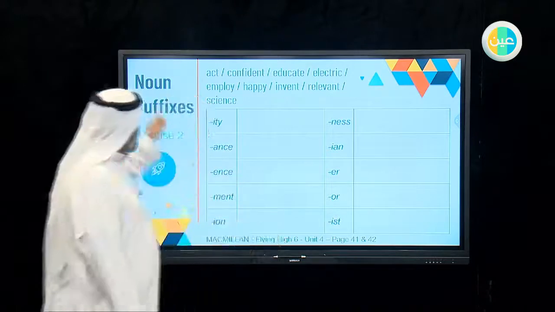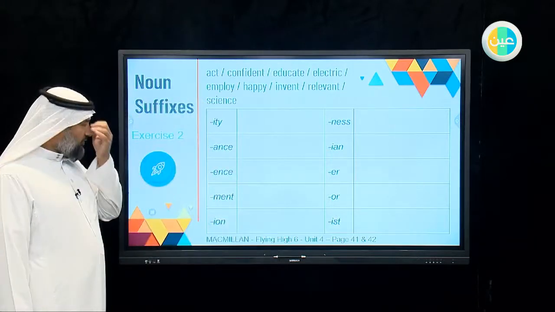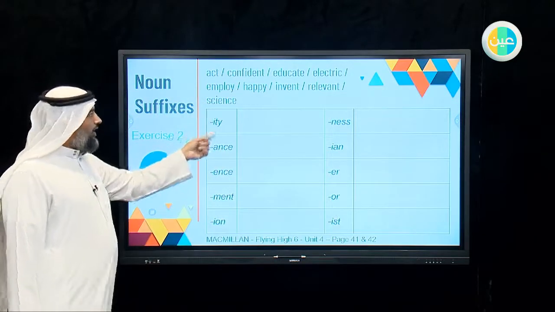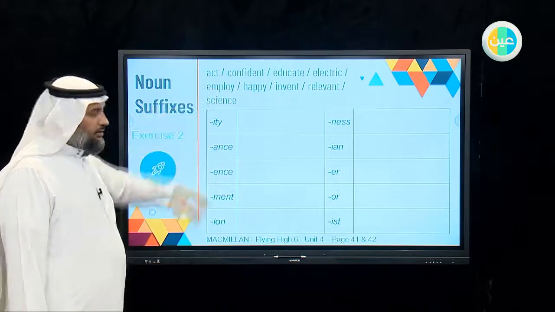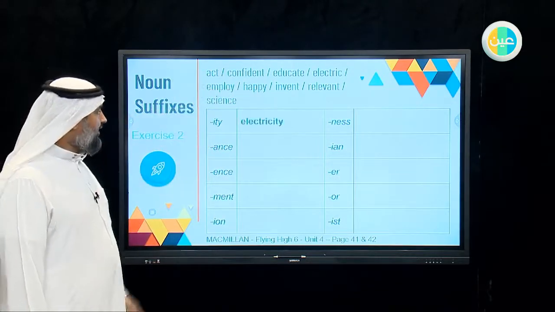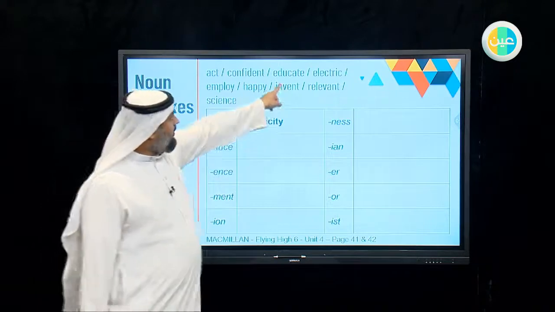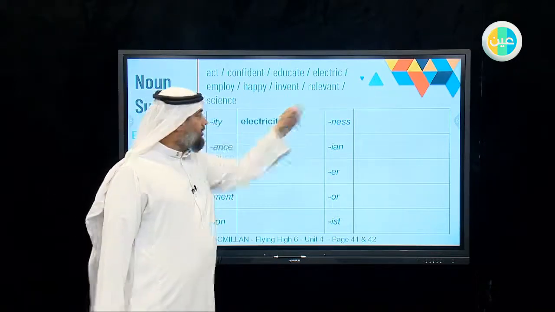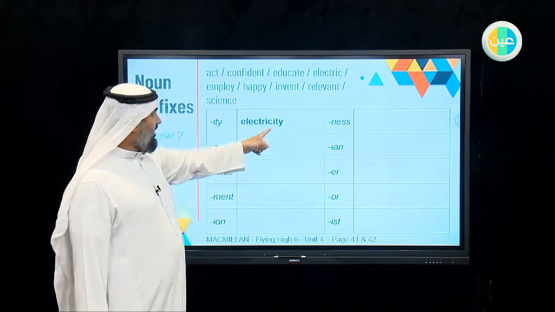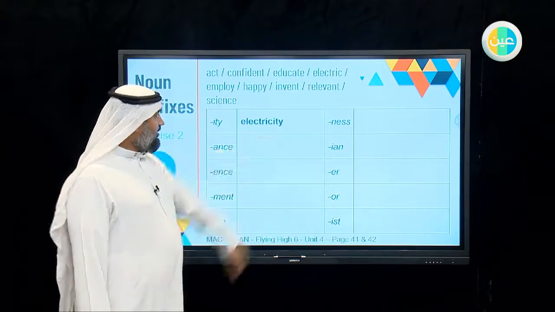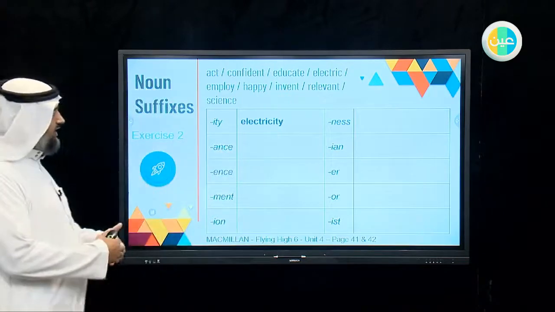These are called noun suffixes. So, the first one, ity, which one do you think it takes? Electricity. Where is it? Yeah, electric. You say electricity. Did we change anything? No, we didn't change anything. We just add ity.